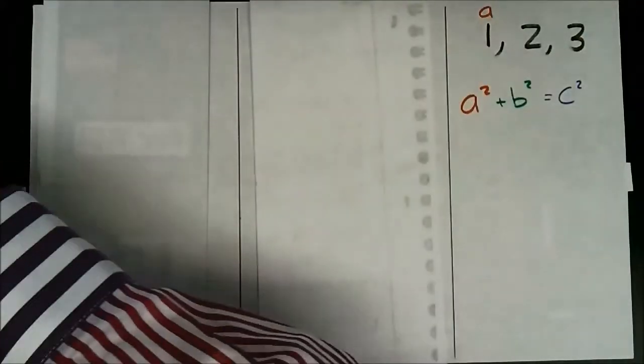Now I'm going to decide which sides are A, B, and C. And as I told you, I like to make it easy. Shortest is A, second shortest is B, longest is C. So I'm going to say that that one's A, that one's C, and that one's B. So now I'm going to plug them in and see if they work.